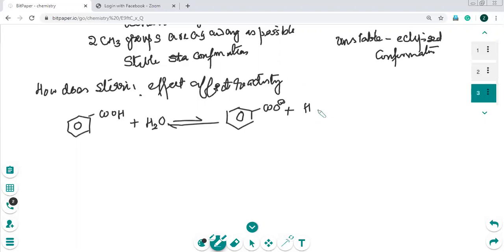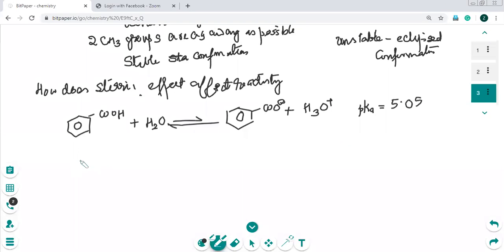I will write H3O plus. And for this benzoic acid, the pKa value is 5.05. You must be knowing what pKa is. I don't want to explain that again. So the pKa value is 5.05.